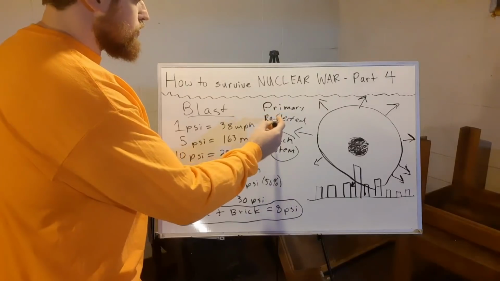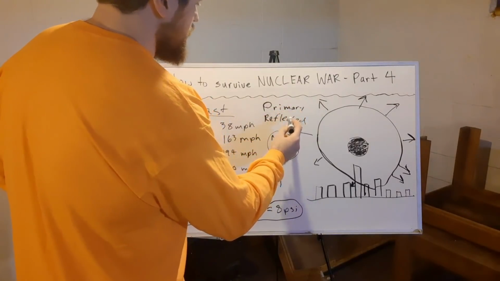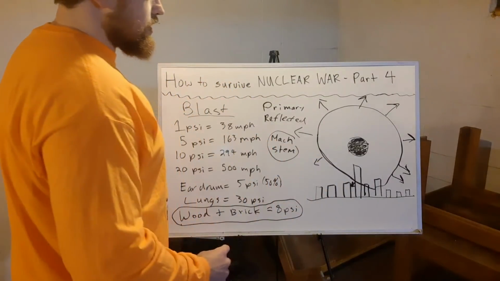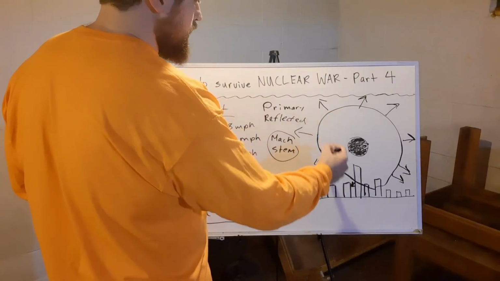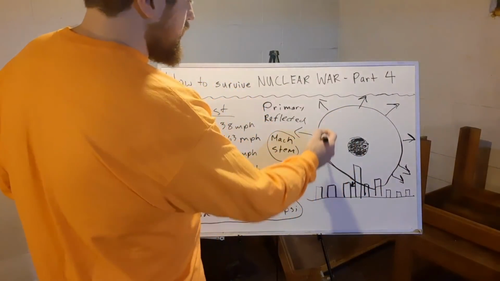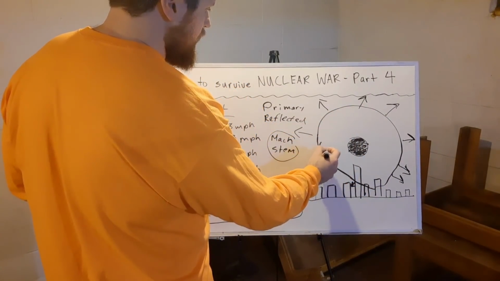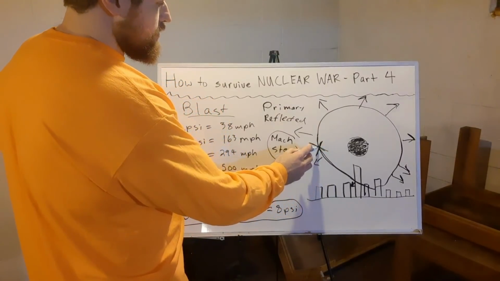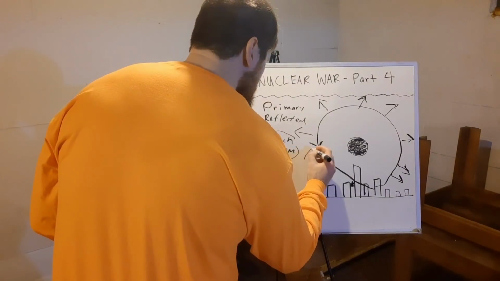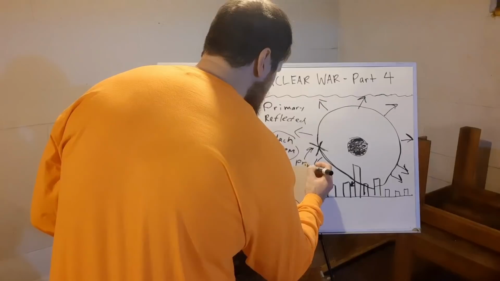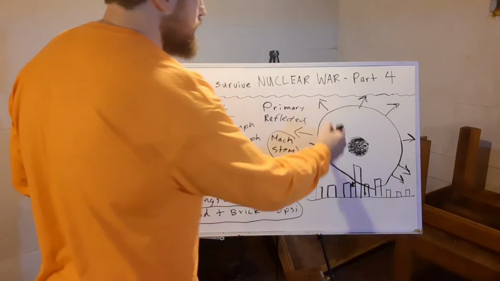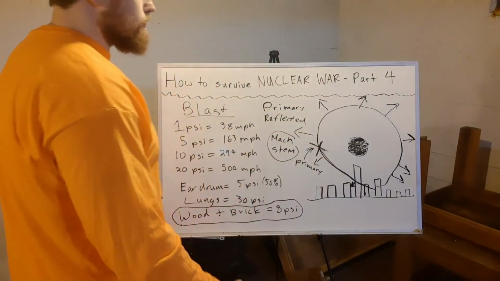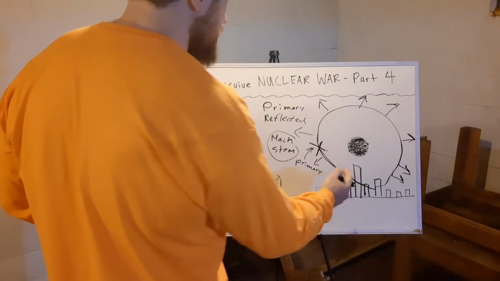Now, what's the difference between the primary blast wave and the reflected blast wave? If we look at my little sketch here, you can see the blast wave going out in all directions. This right here, where I just drew this X, is the primary blast wave. This is the main blast wave that comes out from the explosion. Then you have the reflected one.